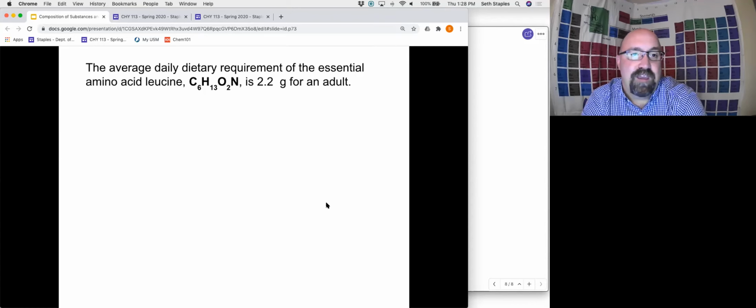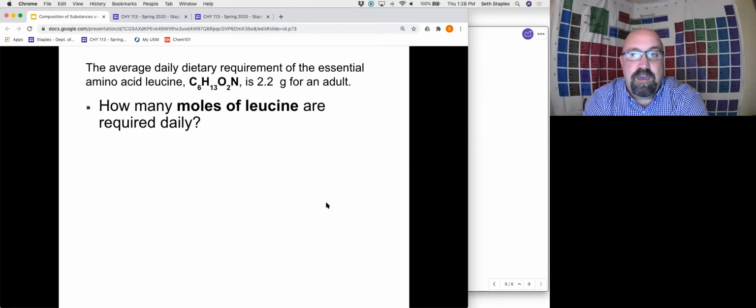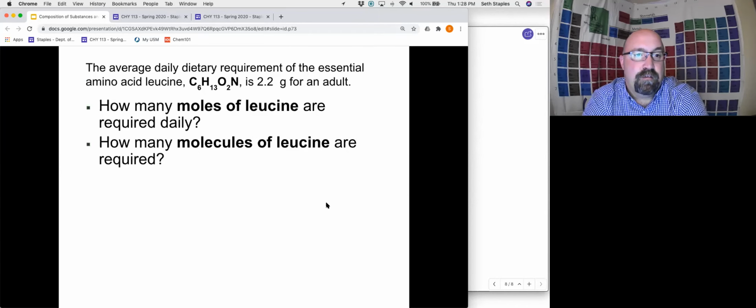So here's another example. We have the average daily dietary requirement of an essential acid leucine. We have the chemical formula there, is 2.2 grams for an adult. So we should be getting this much leucine in our diet every day. And so a few different calculations. You want to calculate through and find out how many moles of leucine are actually required.